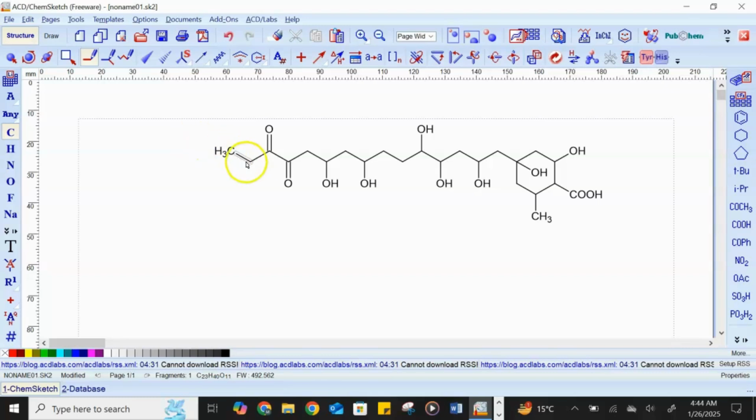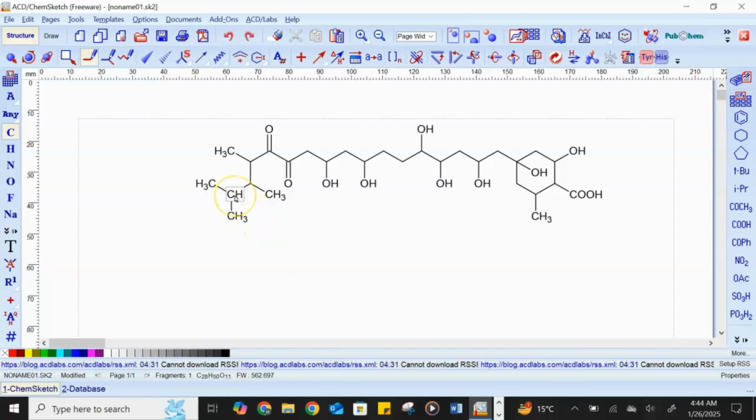So you're going to click on carbon 14. You're going to click once, actually, not double click. Once you do that, you're going to click on the next carbon as well. Again, we're going to do the same thing again and again. So this is carbon 14, carbon 15, and carbon 16 right here. Carbon 14 and carbon 15 have methyl substituents as well.